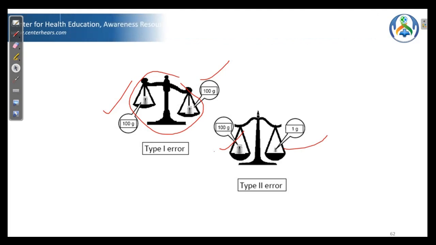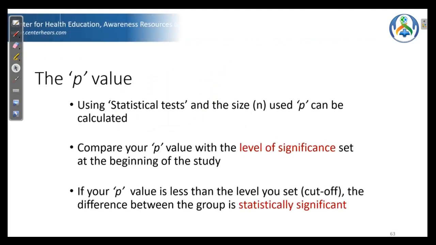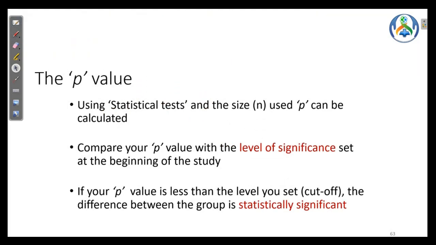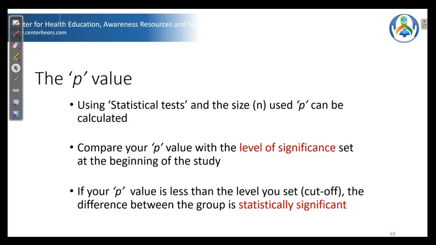The p value is going to play a very major role in the study. We define a hypothesis, and then we try to find out whether my hypothesis is correct or not. So this p value is going to play an important role.